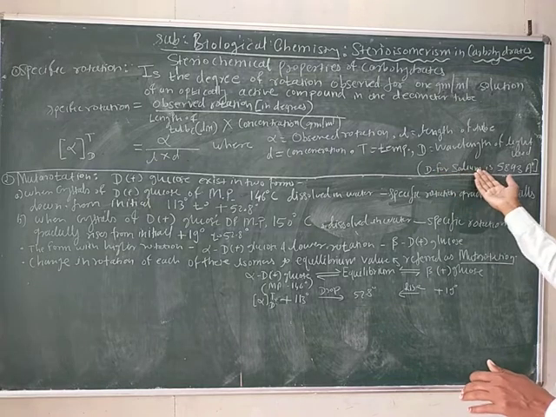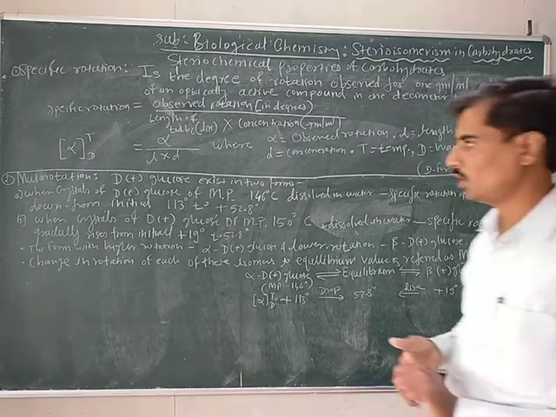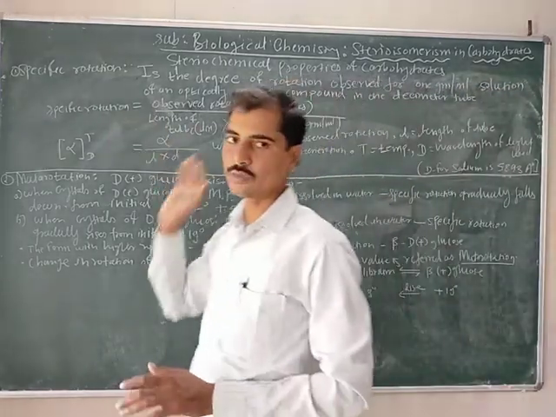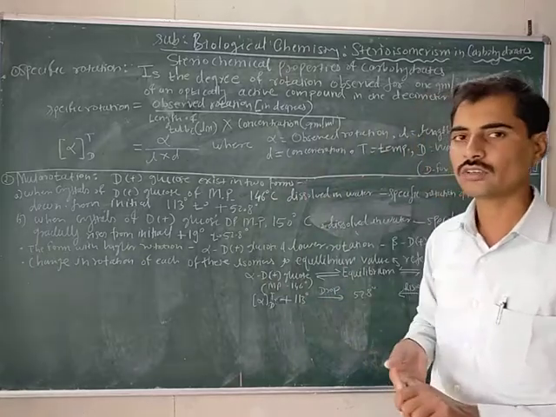The D line for sodium is 5893 angstrom units, and T stands for temperature. This is the specific rotation.